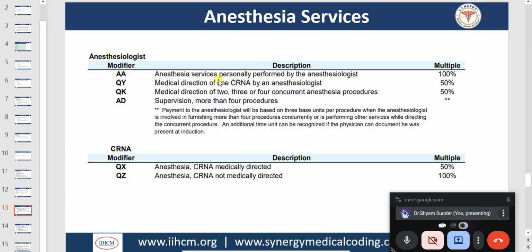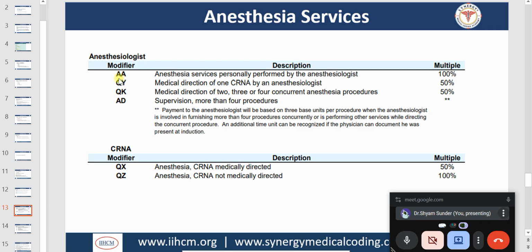So these are the additional modifiers applicable for anesthesia codes. Like I said, MD anesthesiologist or CRNA, both are providers, but both are differently qualified. If an anesthesiologist MD is giving anesthesia, then you have to assign the AA modifier.